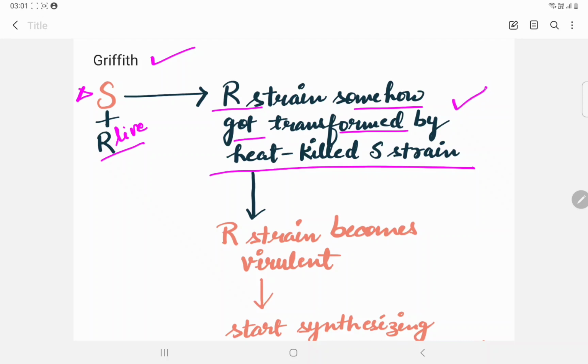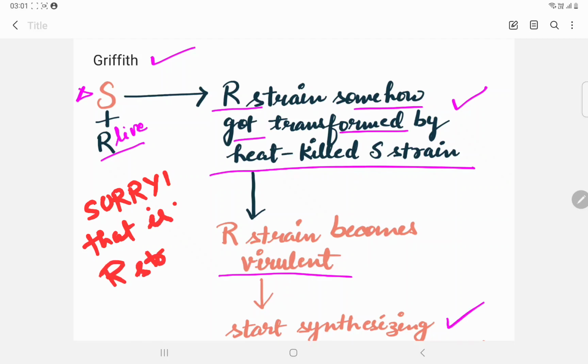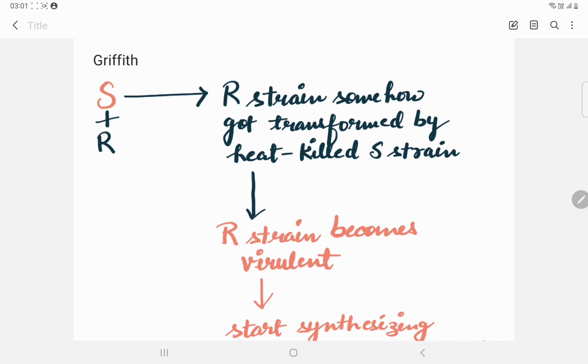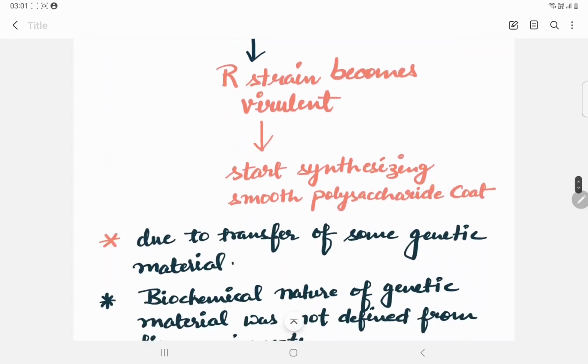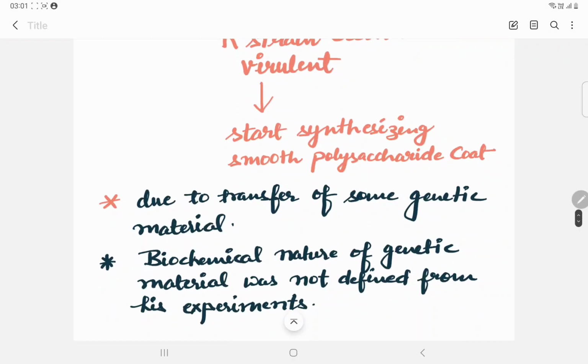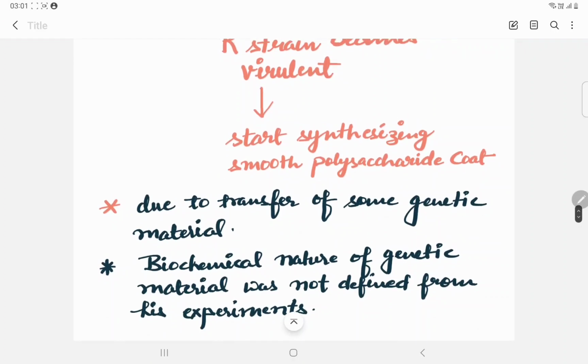This was his conclusion, and he added here that the strain becomes virulent as it starts synthesizing the outer capsule, which is made up of a polysaccharide coat.